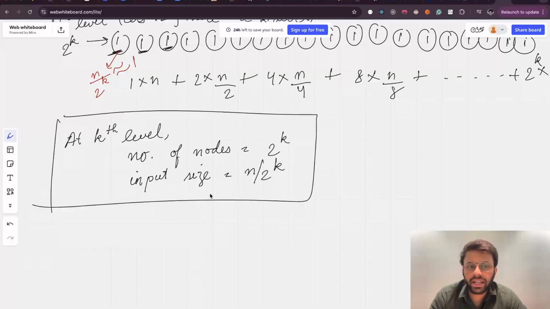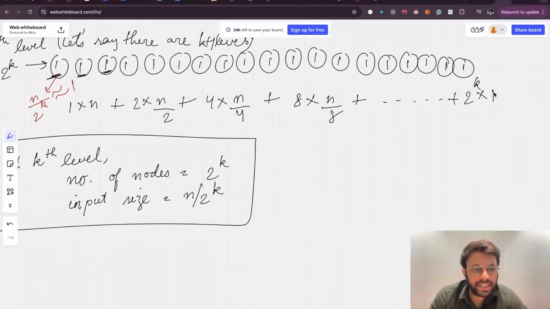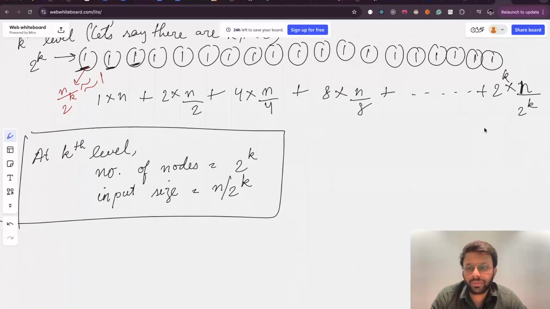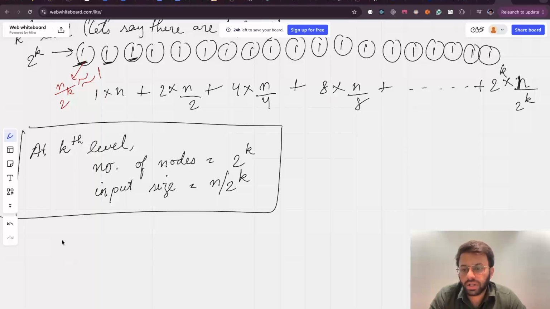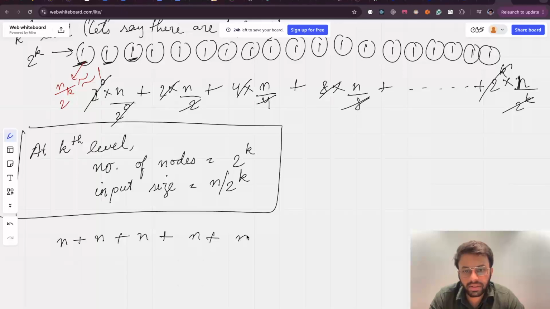That is why I can say that at the last level, instead of 1, I can also say n by 2 power k. So this becomes what? The 2s, 4s, 8s, 2 power k, everything gets cancelled. So this is n plus n. Here I can write 2 power 0 by 2 power 0. So I can say n plus n plus n plus n plus n plus, till n.